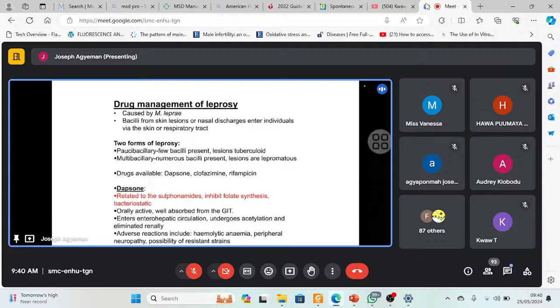For the multibacillary one, you have more lesions, more than 5, so 6 and above, and you are going to find the presence of the bacterium when you assess for possible detection.